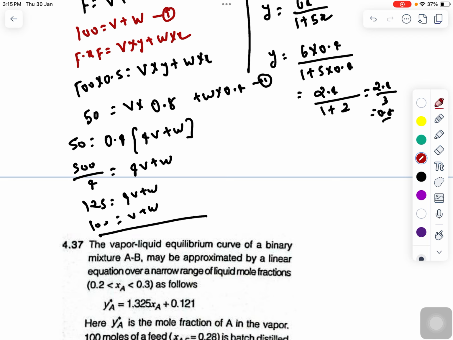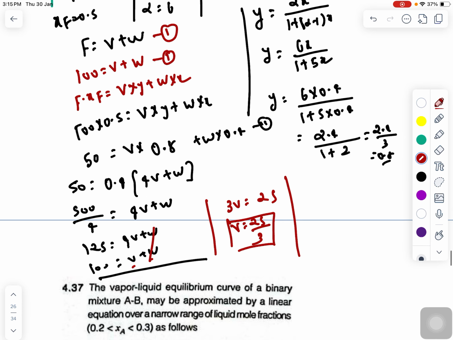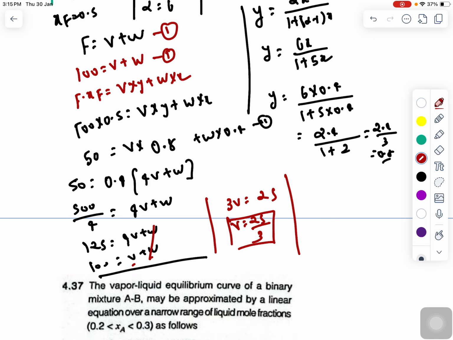If I solve these equations, the W will get cancelled out. So 3V equals 25, so V will be 25 by 3, right? And what you are supposed to calculate... oh sorry, it will be 2.